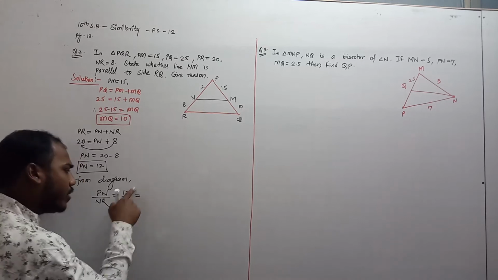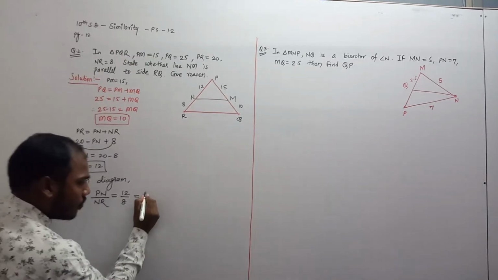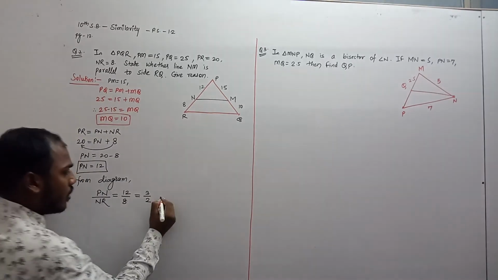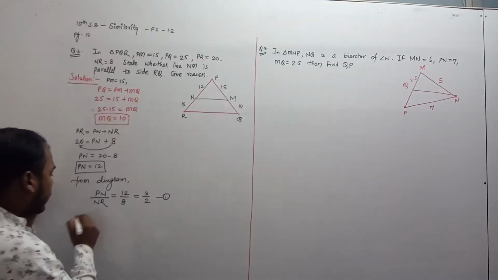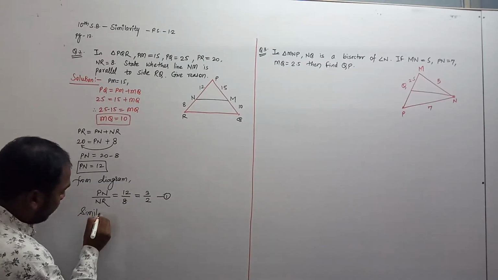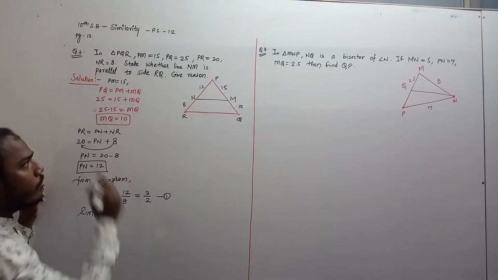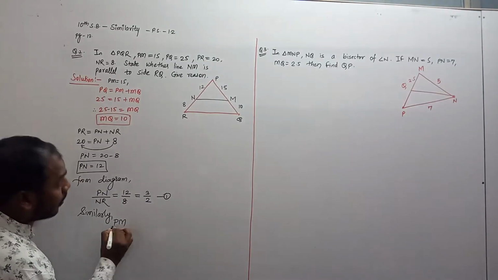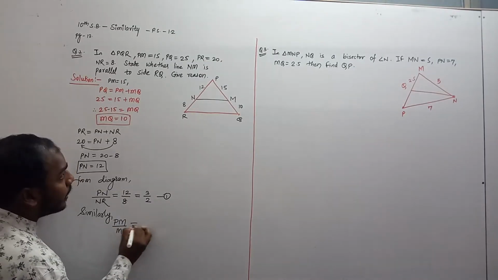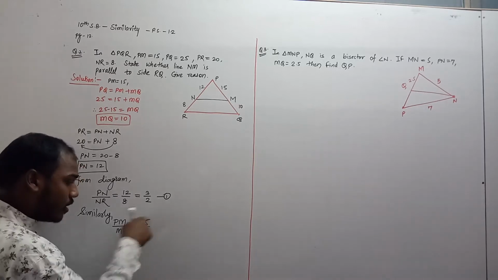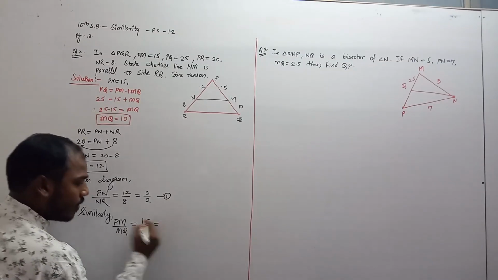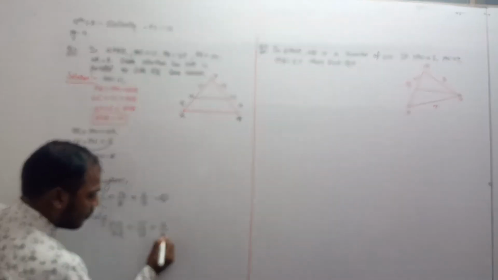This is divisible by 4, so we write 3 fours and 2 fours. This is the first equation. Similarly, PM divided by MQ is 15 divided by 10. This is divisible by 5, so we write 3 fives are 15 and 2 fives are 10.